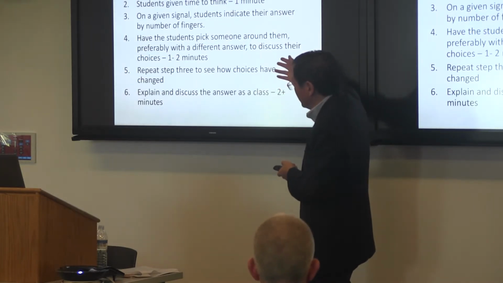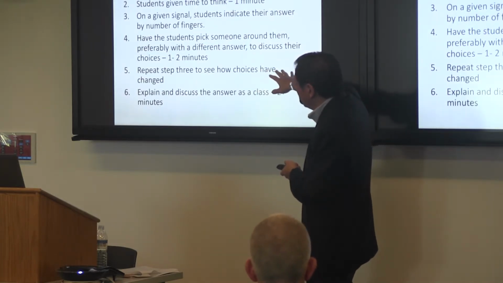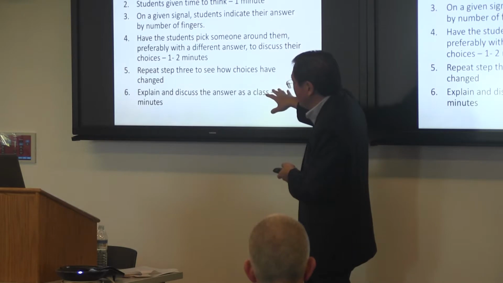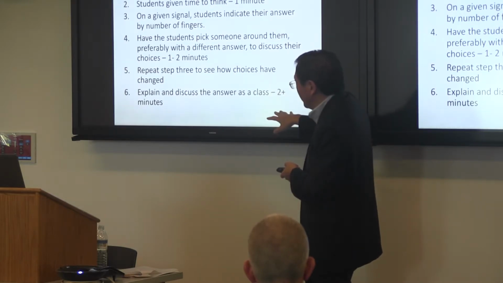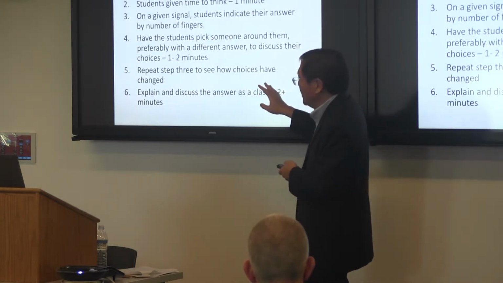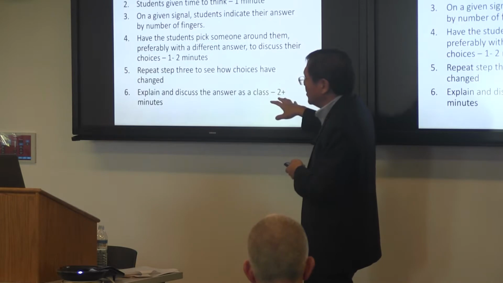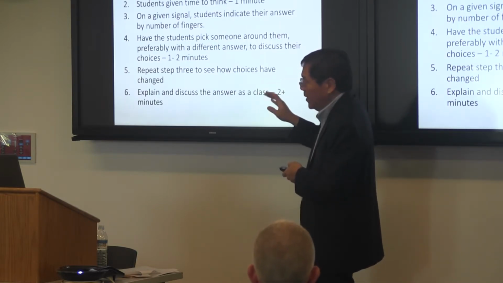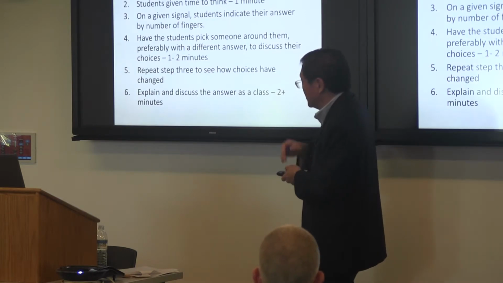And then the students pick someone around them, and they discuss their choices for 1 or 2 minutes. Then you repeat the poll, and then you explain and discuss the answer as a class. Okay, so all in all, doing the concept test takes about 5 to 10 minutes. And Mazur has really persuasive evidence that this really improves learning and it can overcome misconceptions.